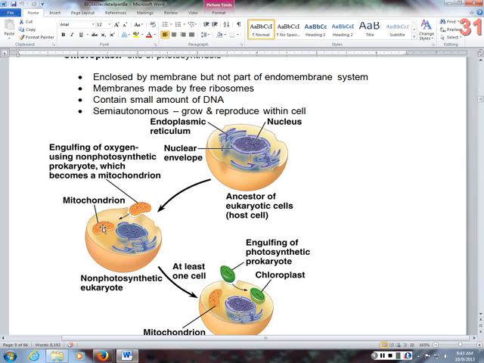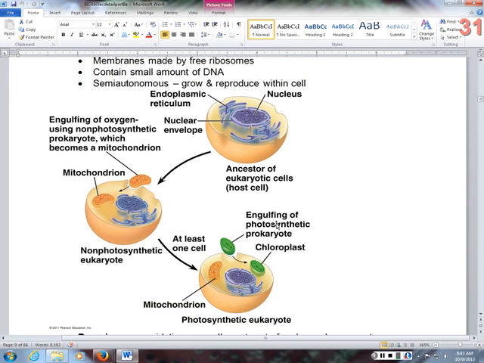So that's why it has its own DNA: it actually used to be, a long time ago, an independent cell. Now, this doesn't happen individually in your own body. They start out as eukaryotic cells, but this is how we formed the first eukaryotic cells. And then some of them took on photosynthetic prokaryotes that turned into chloroplasts.